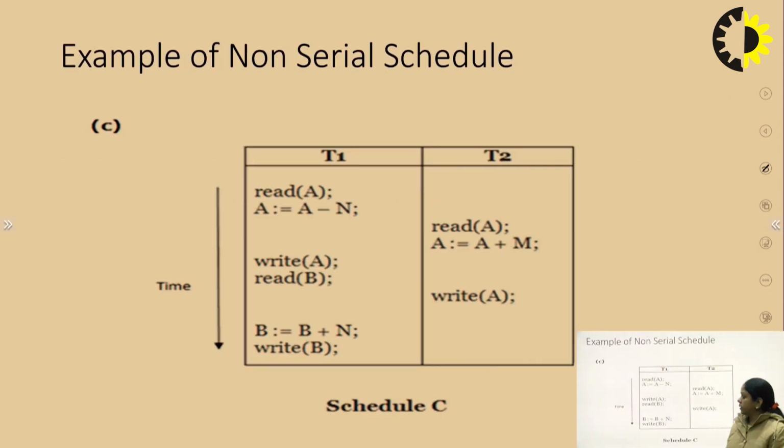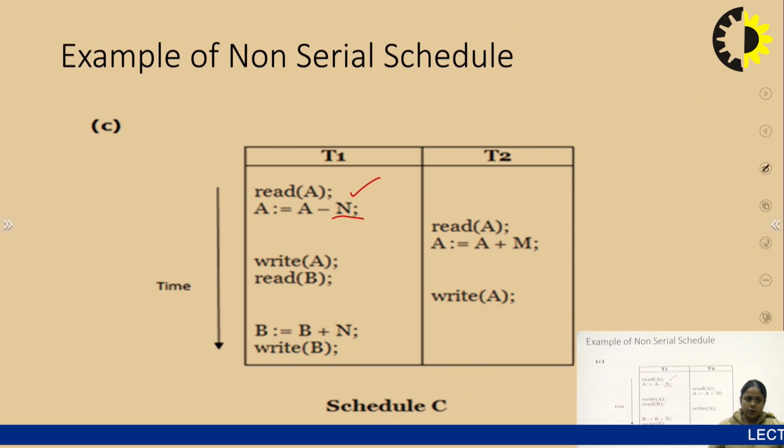Here in transaction T1, T1 will read A, then remove an amount of money from account A. But this transaction is not completed.